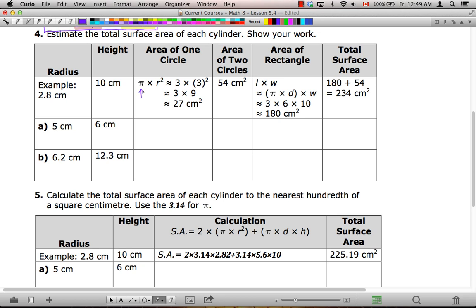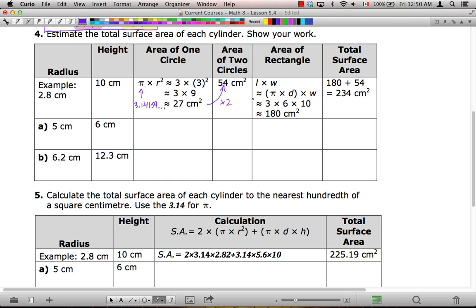Pi is actually equal to 3.14159... and so this is approximated by 3, and the radius is 2.8. That's also close to 3. So r squared, 3 times 3, that's 9, times another 3, that gives you 27 square centimeters for the area of one circle, which means the area of two circles, to get this, you just have to double it.